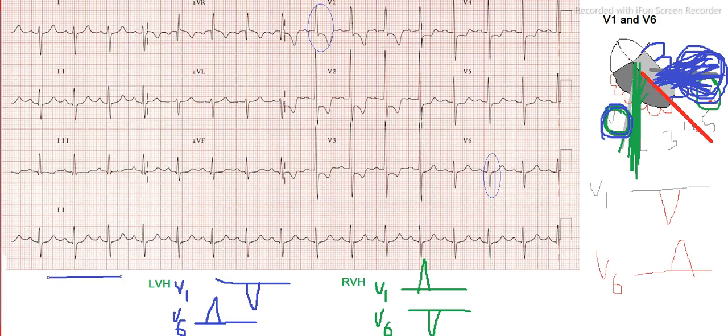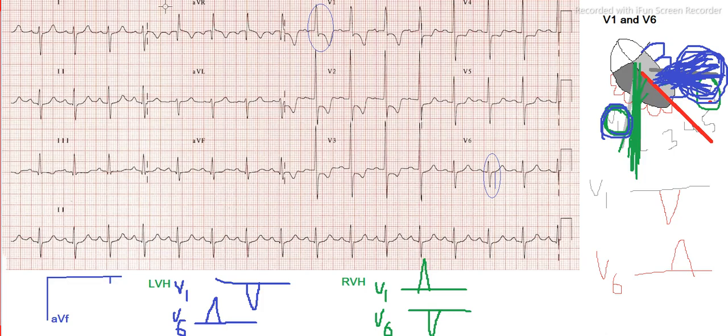So let me label it here. So this is lead 1, isn't it? This is lead 1, and another I will draw is aVF, and I will label it as aVF. So this is A, V and F, and now I will draw the vector.